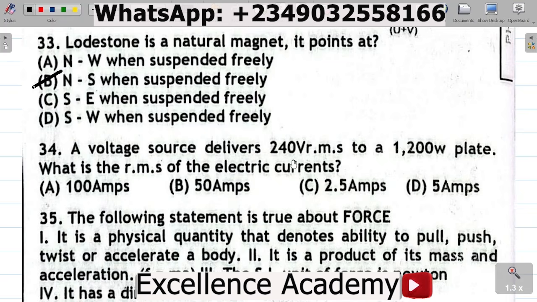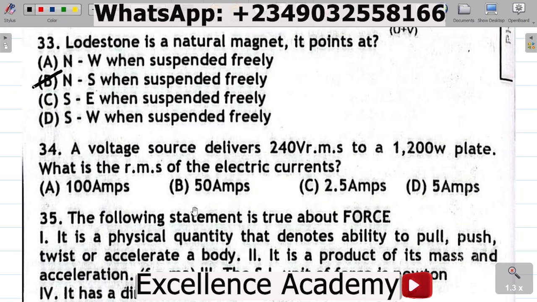To solve this question, the first thing we'll do is list out our parameters. The first thing you're given there is VRMS, that's voltage in RMS, as 240 volts, and then you have watts. When you have 1200 watts, watt represents what there? Power.